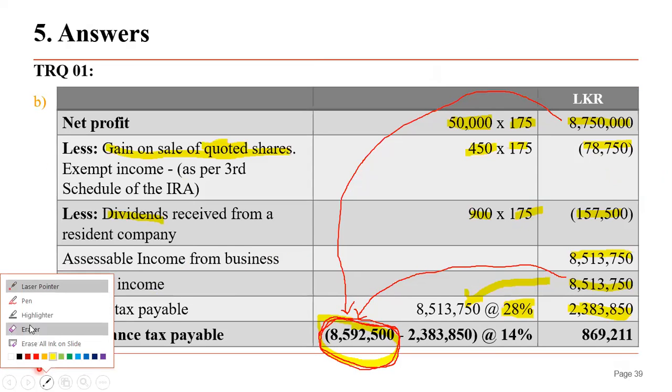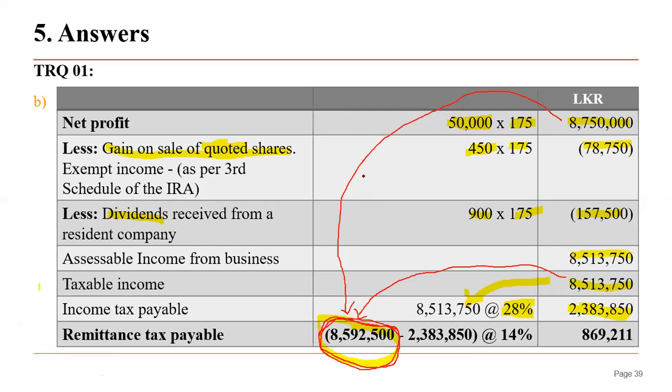Can anyone work it out and see? 8.7, then 750. Then you need to deduct, from the gross income, whatever remitting profit is going to be remitted, you need to consider. But this amount you need to consider, and this amount you need to exclude.